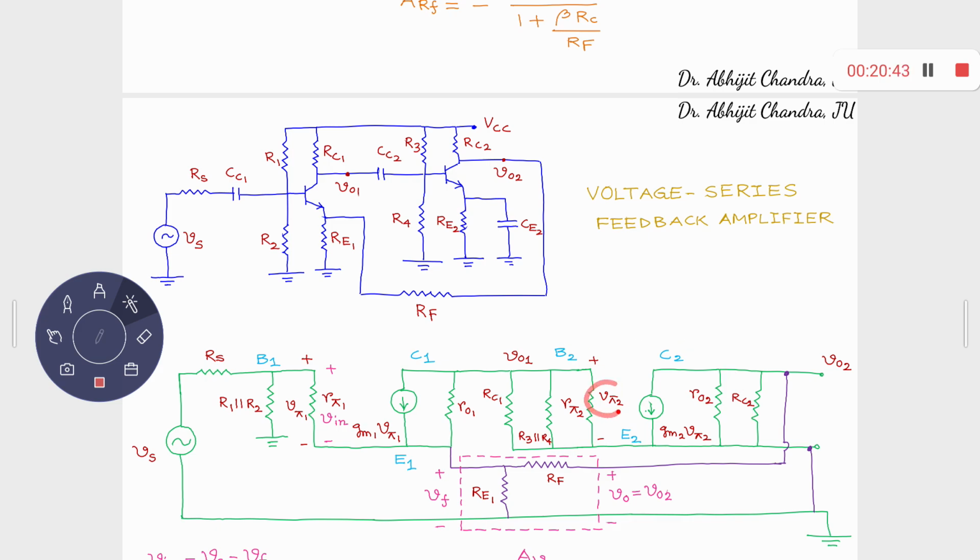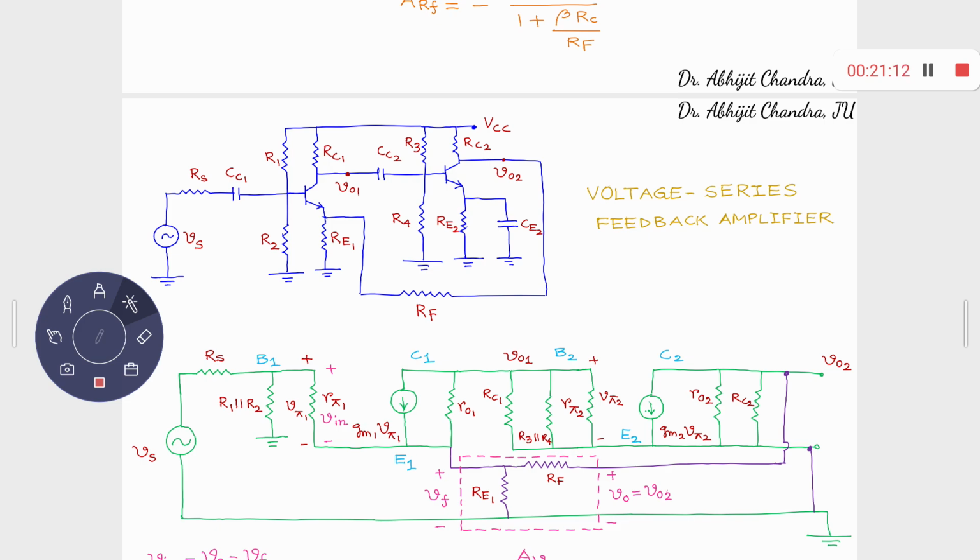This is the V pi 2 voltage. GM2 V pi 2 is the voltage dependent current source between C2 and E2, and RO2 is connected between C2 and E2. Right? And for this second stage, you have this R3 R4 parallel combination present between the base terminal and the ground terminal.